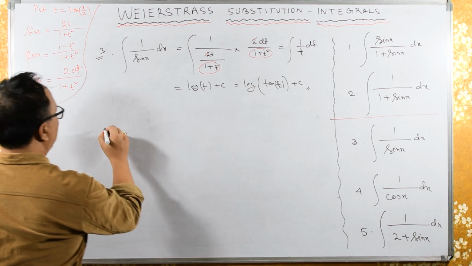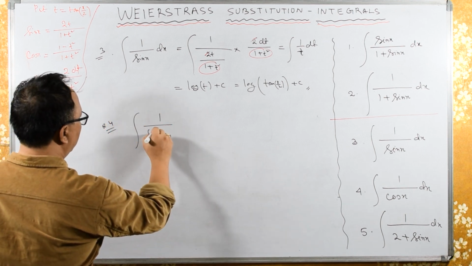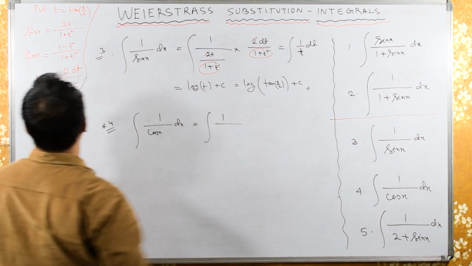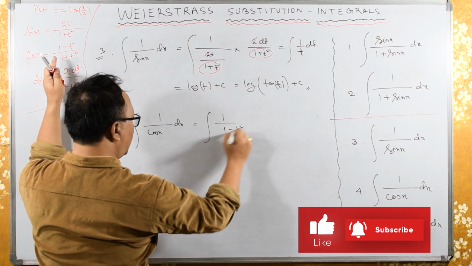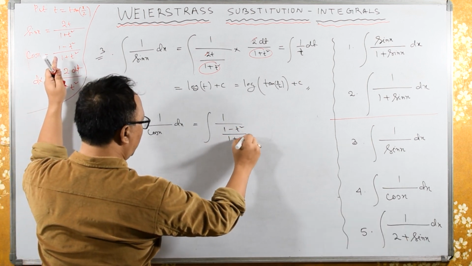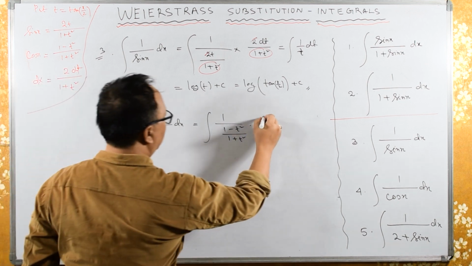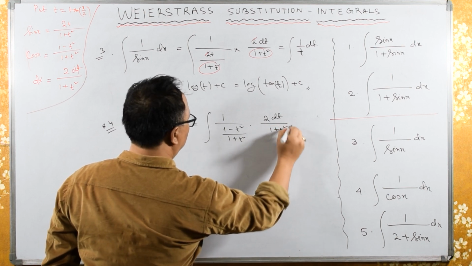Now question number 4, integral 1 upon cos x dx. What is cos x? Here 1 minus t square upon 1 plus t square, and dx is 2 dt upon 1 plus t square.